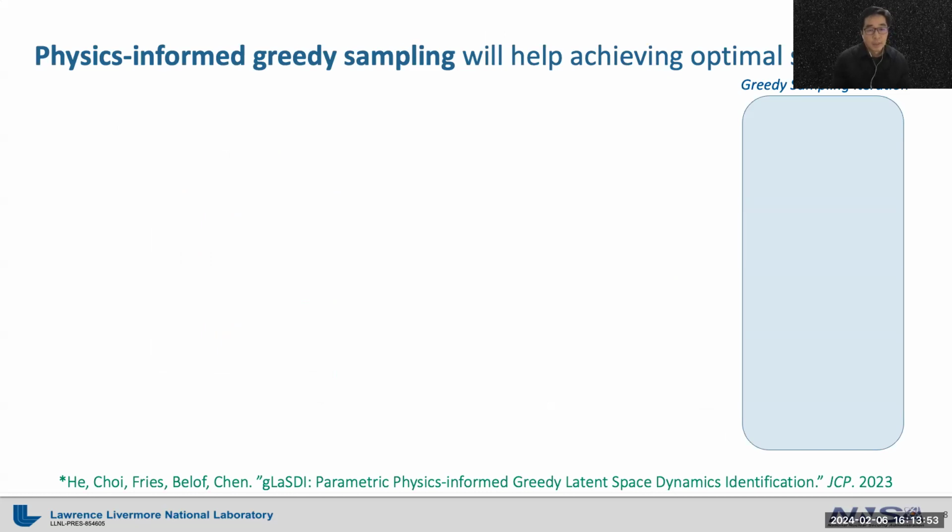So how can you do that? Just to illustrate, let's say you have a two-dimensional parameter space, and you start with pre-generated data at the corners. If you have a box-constraint type of parameter space, since you have data on those 4 corners, you can initiate the training of your data-driven model.